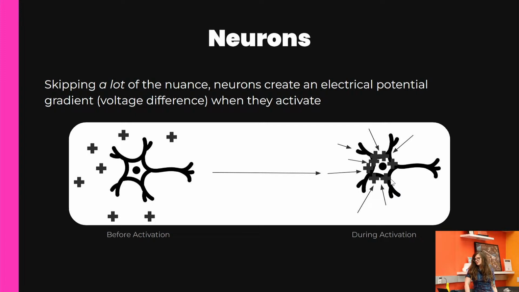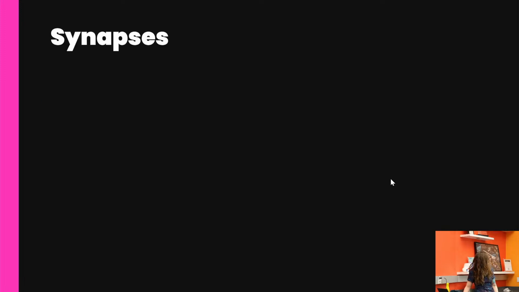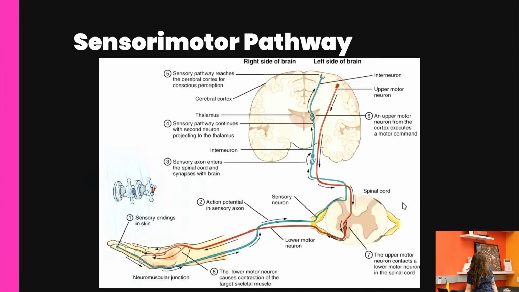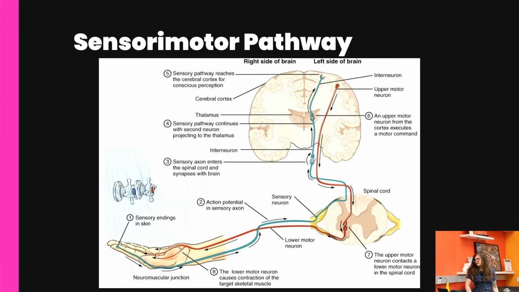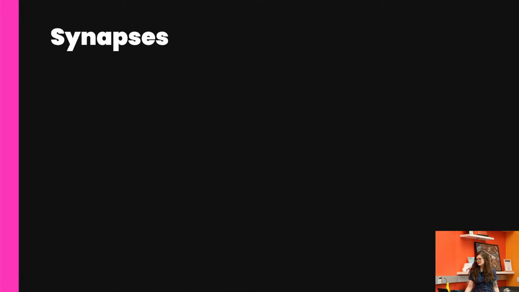But the communication between neurons happens at the synapses. Looks like it's not going to show the video. But for the synapses themselves, I think we're just going to have an empty slide, unfortunately.